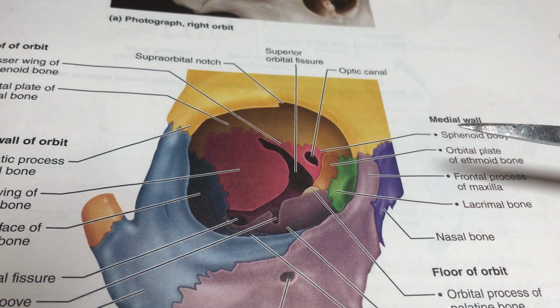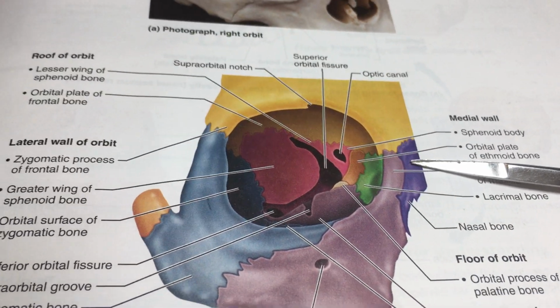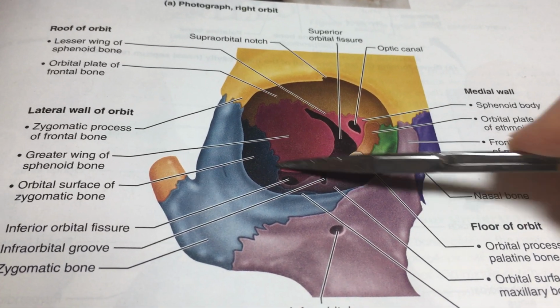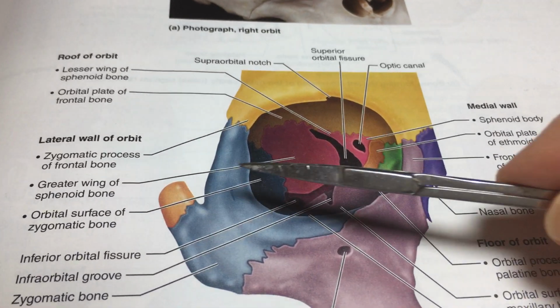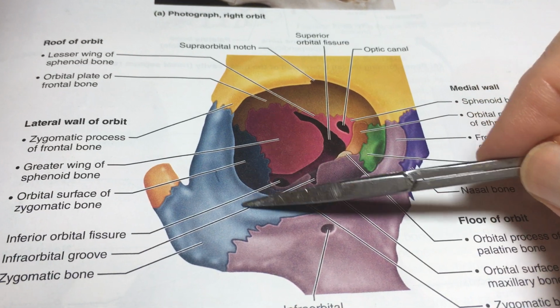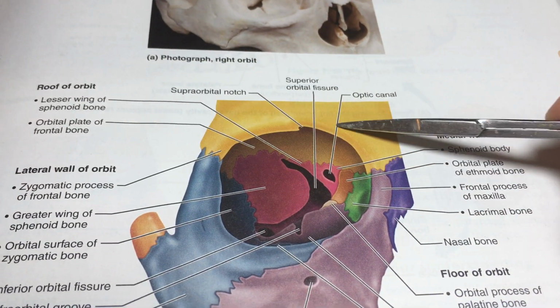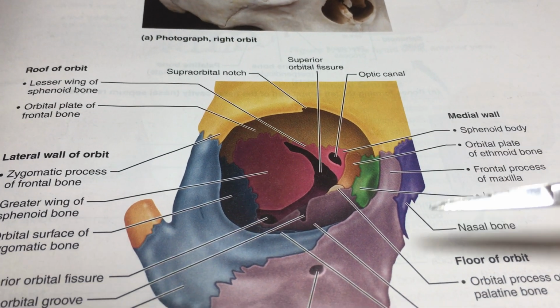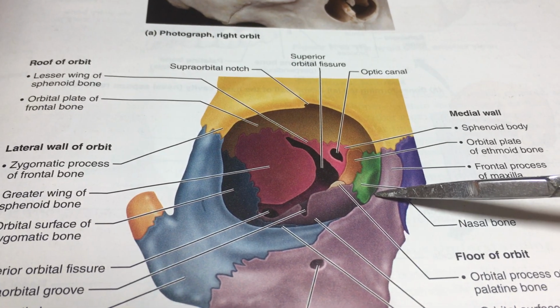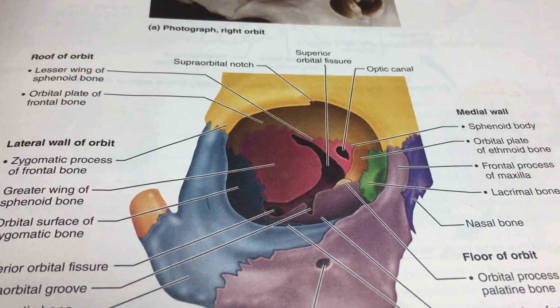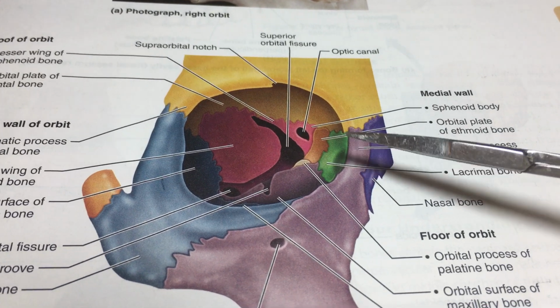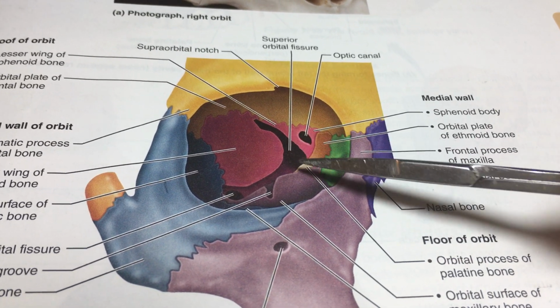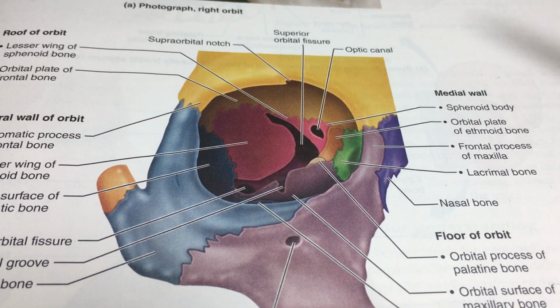Over here we've named 7 bones that you need to know that make up the orbit of the eye. So here we are at the lateral side, and we have the zygomatic, we have the frontal bone, and we have this part right here called the maxilla, and the bone right here is the lacrimal. Deep inside we have the sphenoid bone.